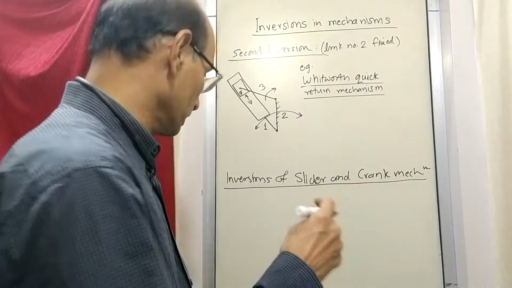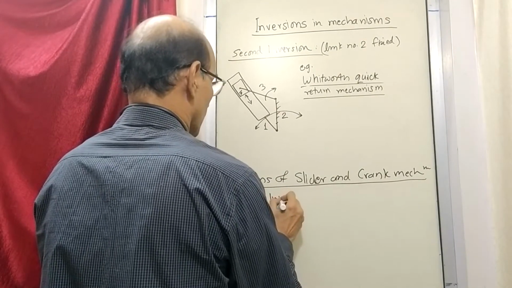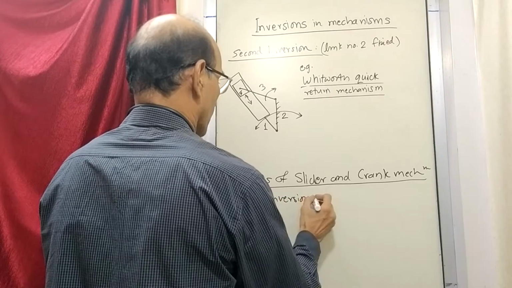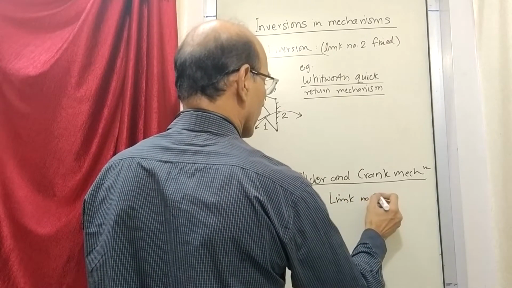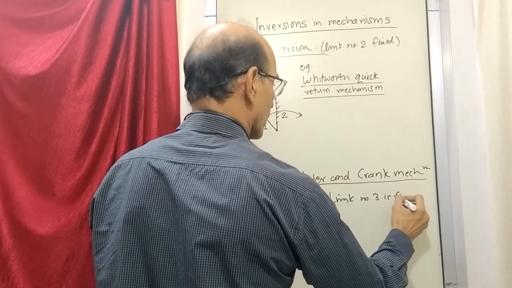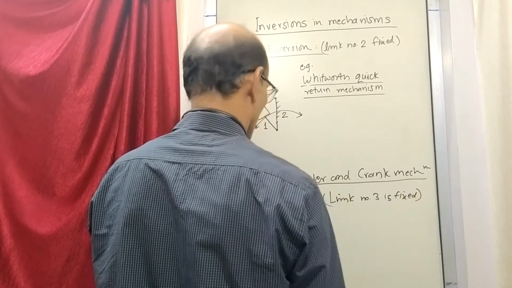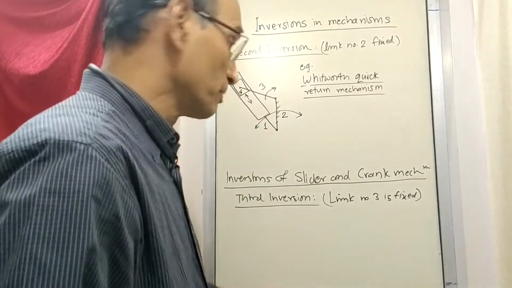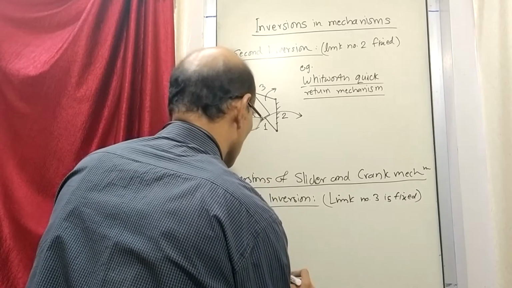So let's take the third inversion. I'll write here third inversion. Here link number 3 is fixed. So now the arrangement I will again draw. It's almost similar.